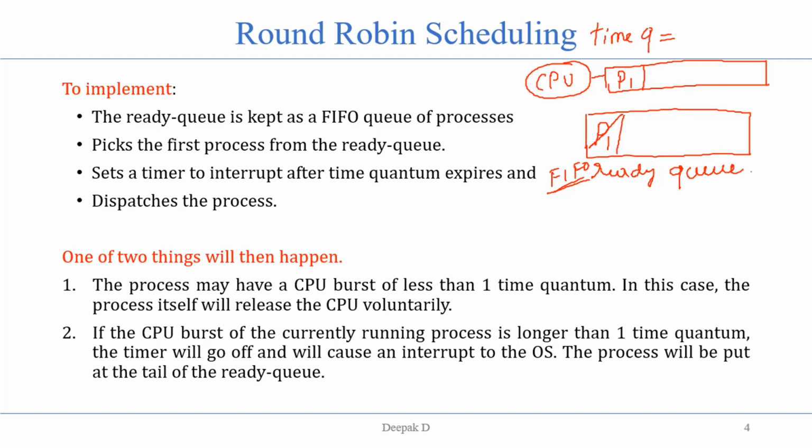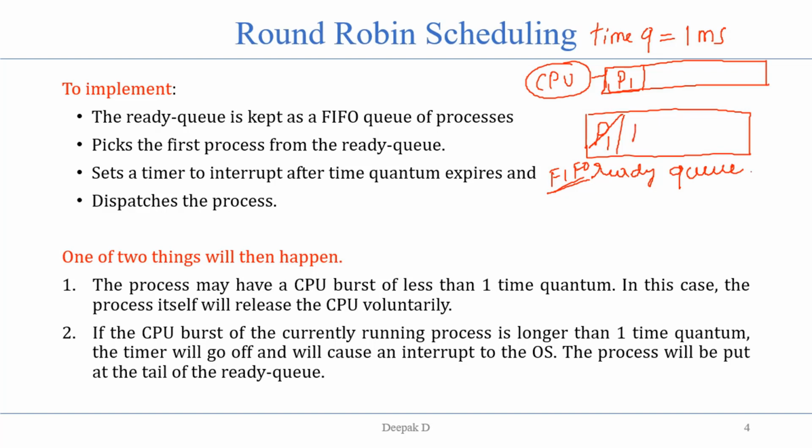Assume here the time quantum is 1 millisecond. As soon as the process P1 completes its time slice, it is taken from the CPU and pushed to the ready queue. During the execution of process P1, some other processes might have arrived and are staying in the ready queue.